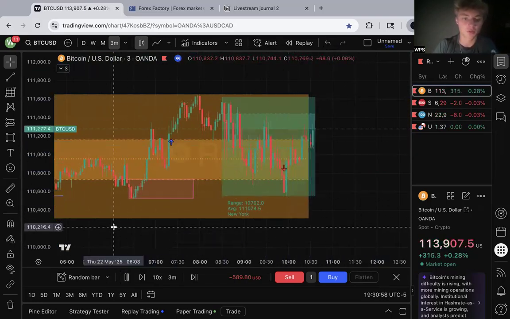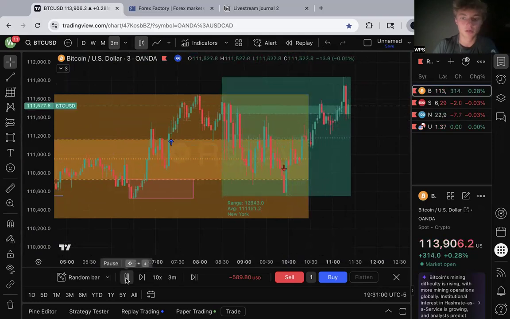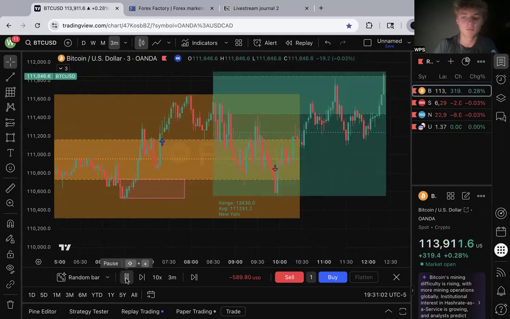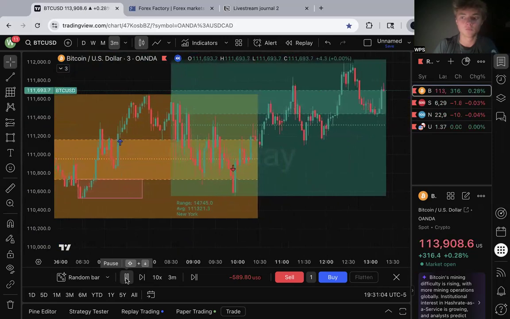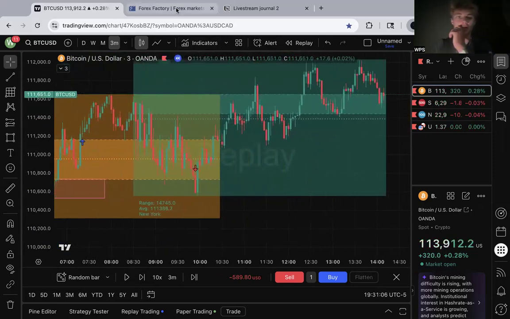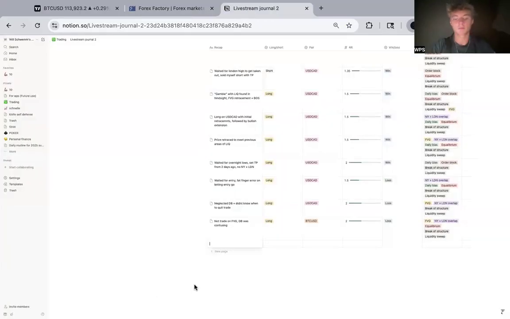I'm assuming price will go up, as it did. So New York. I traded on London instead of New York, which has a lot more volatility. It's a lot better for trading, I suppose.